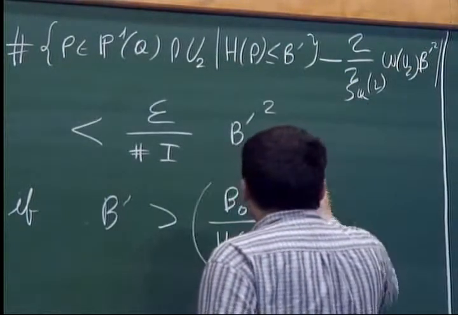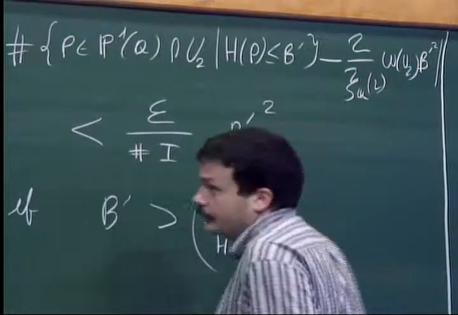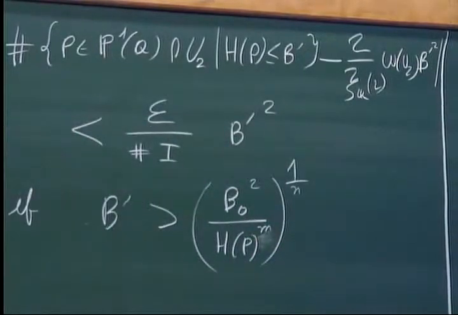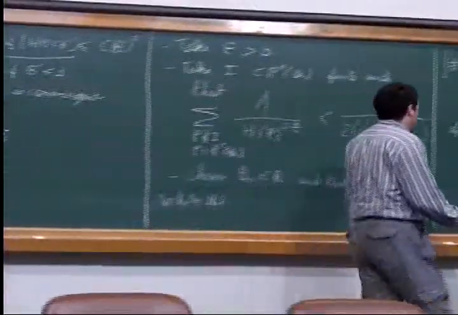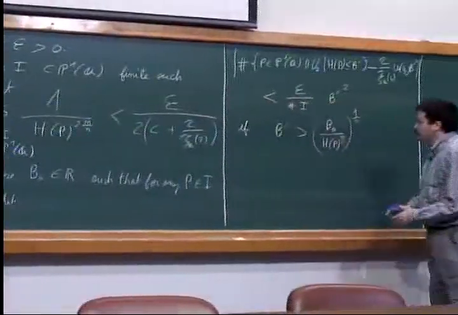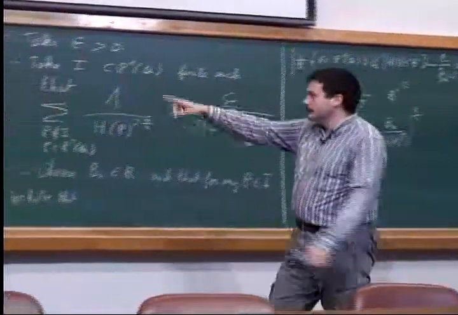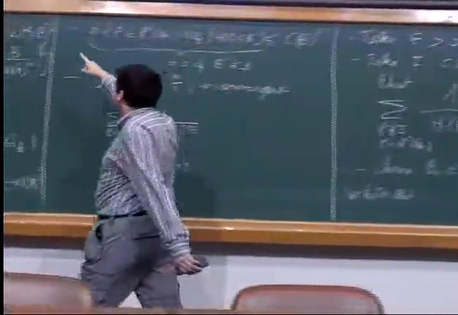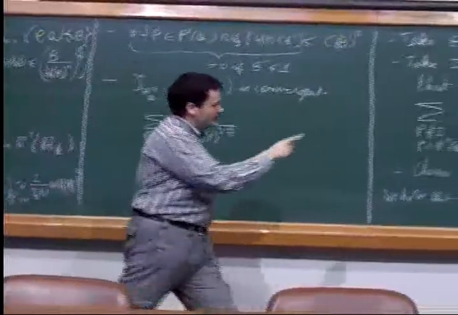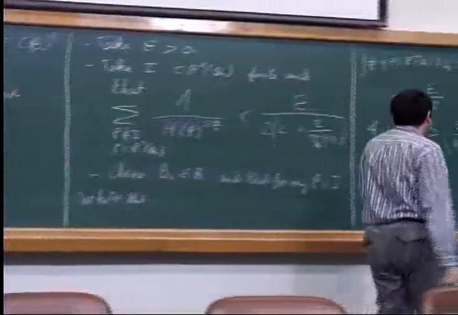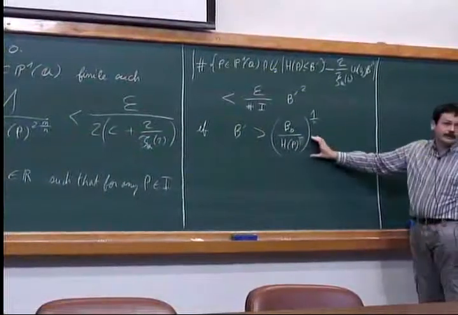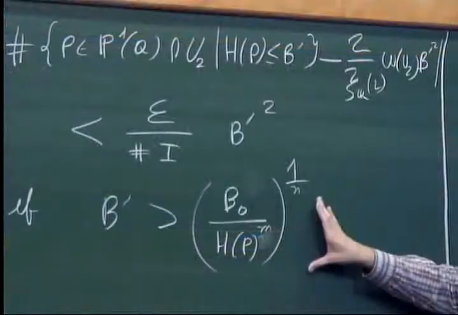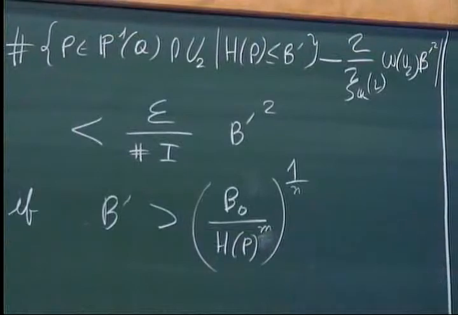I put a square here and I take 1 over n. Did I forget something? Yeah, I remove the square. Okay, so b prime will be b over h of p power m at the power 1 over n. That's the reason for which I'm doing that. Okay, so since the set of p I'm using is finite, it's okay to take something like that, this condition.